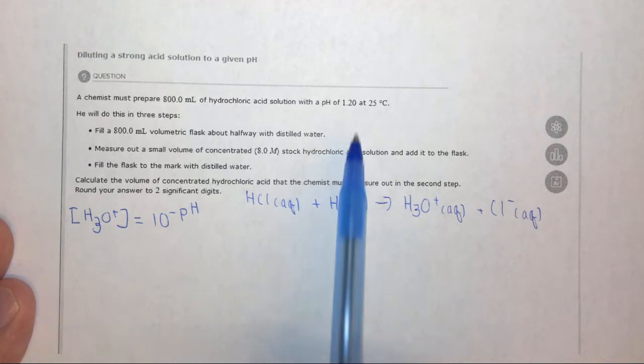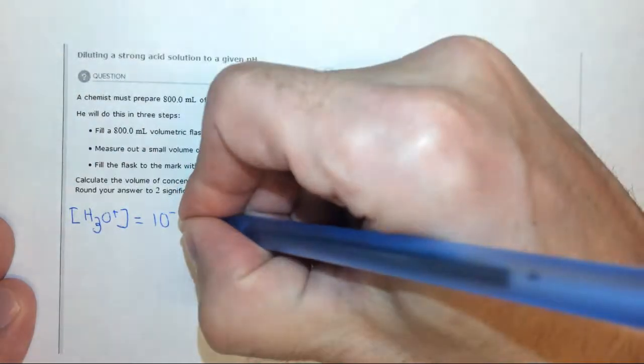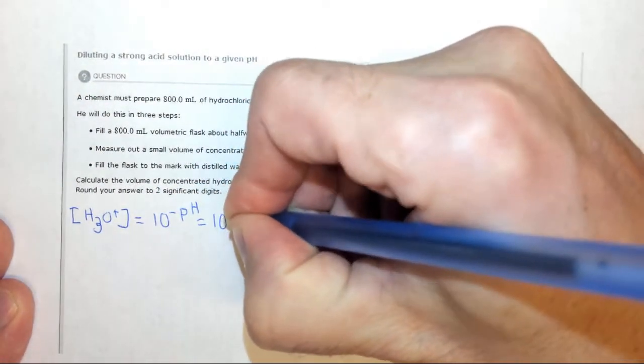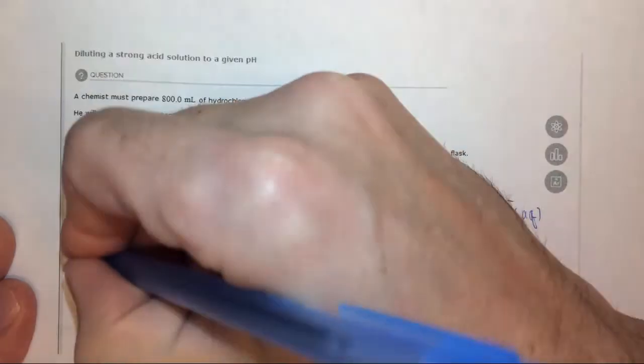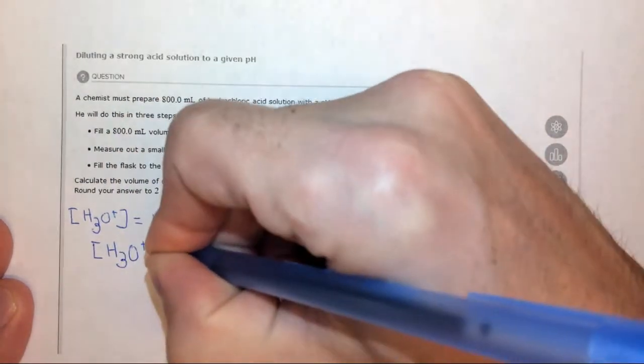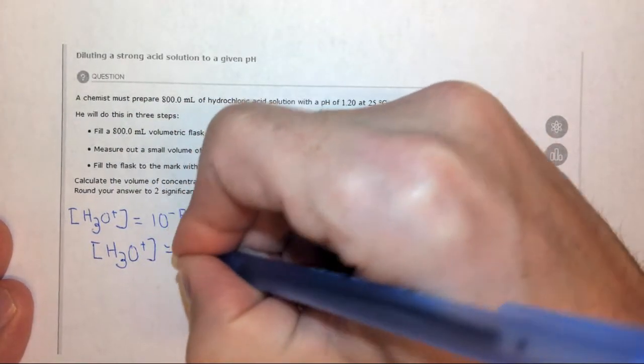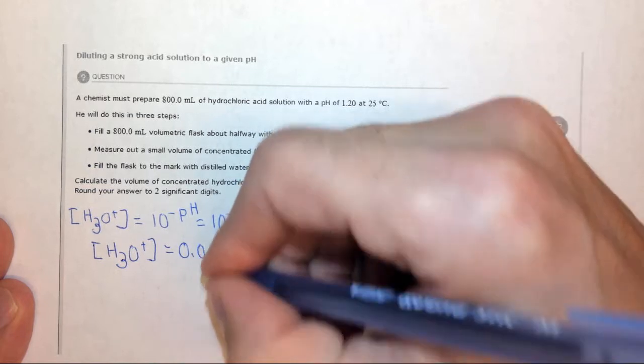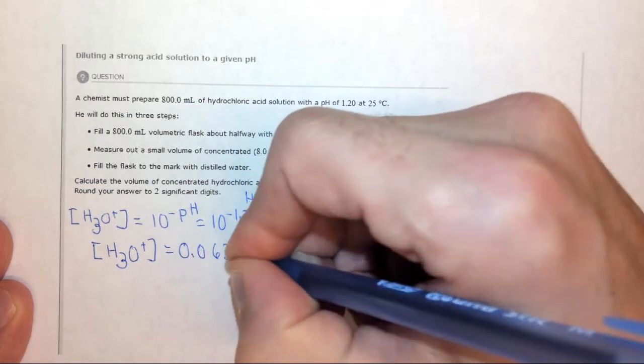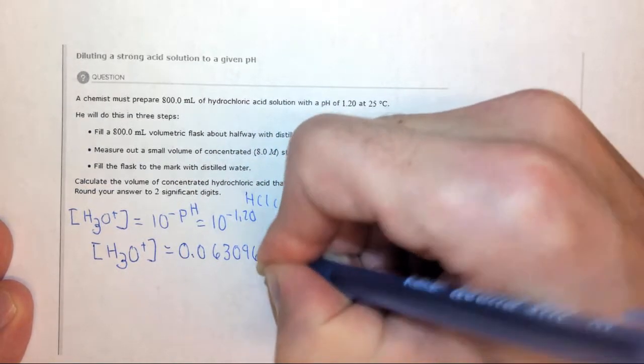So here, we know the pH is 1.2. So we want to take 10 to the negative 1.20. When we do that, we find that the concentration of H3O plus equals 0.063096 molar.